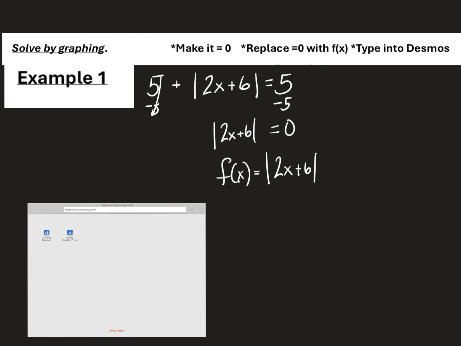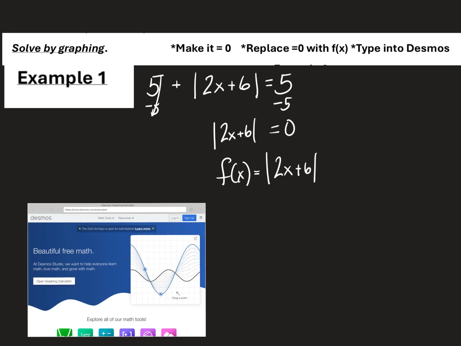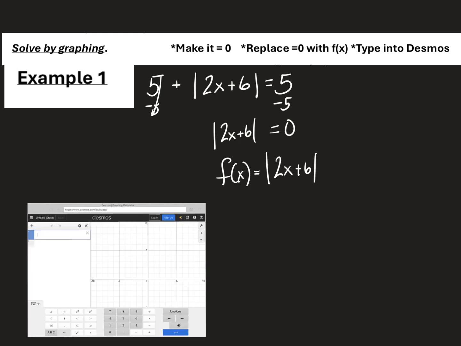Okay, I've opened Desmos, so I'm going to go to the graphing calculator. I'm going to type in just the expression that's over here on the right. Let's try typing f of x and see what happens. Now, I don't want to type f of x since it's not one of my choices.